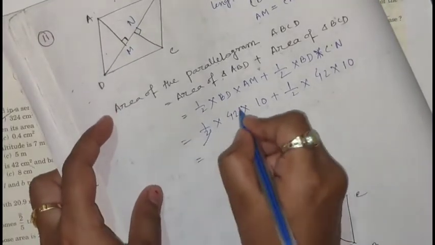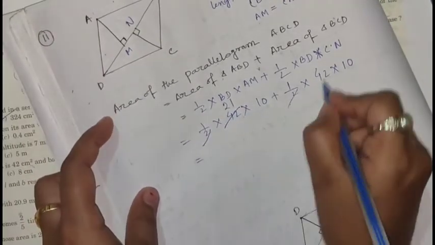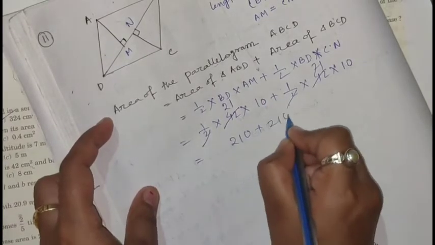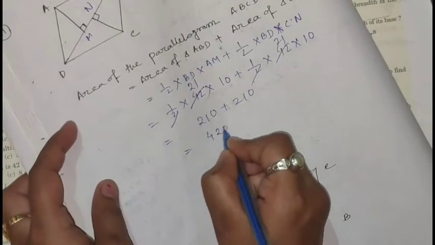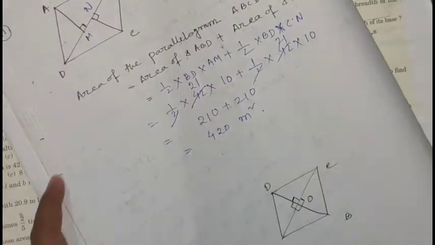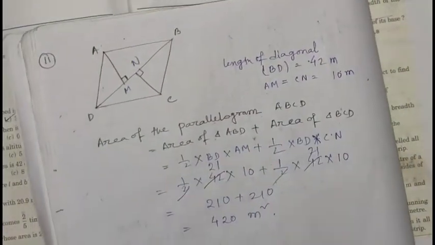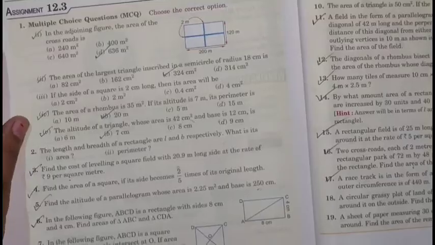So this will be 210 plus 210. So this value will be 420 meter square. So the area of the field will be 420 meter square. Okay, so this will be the answer.